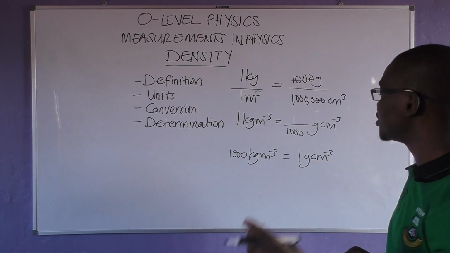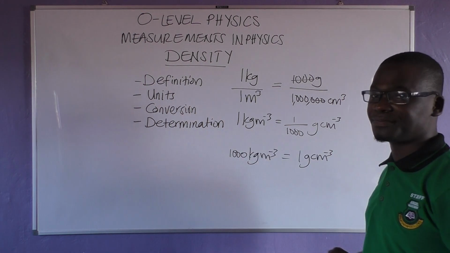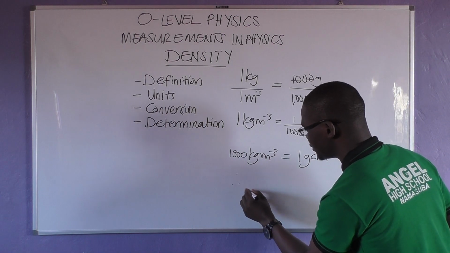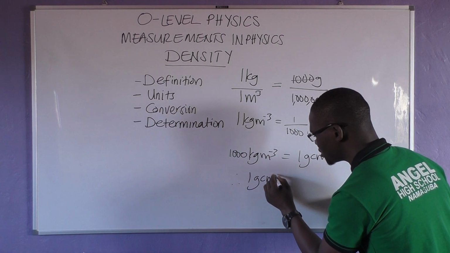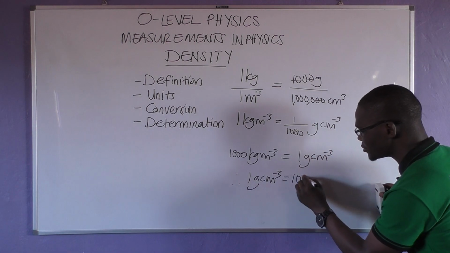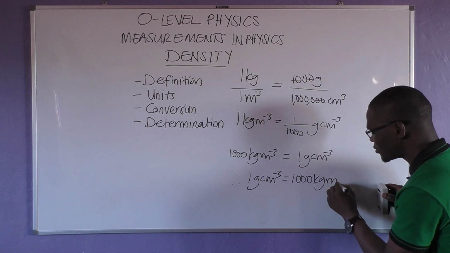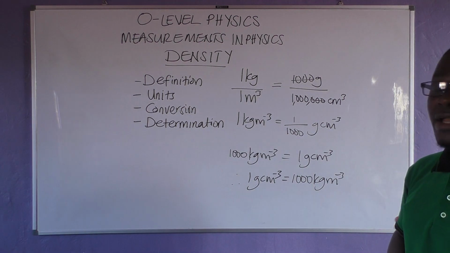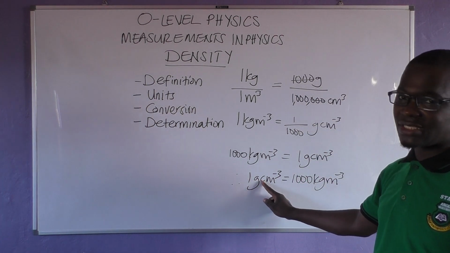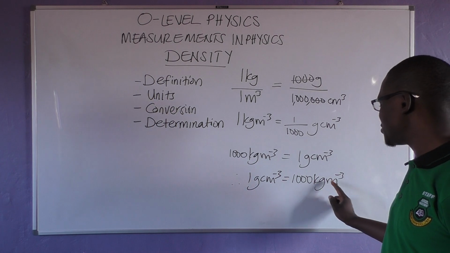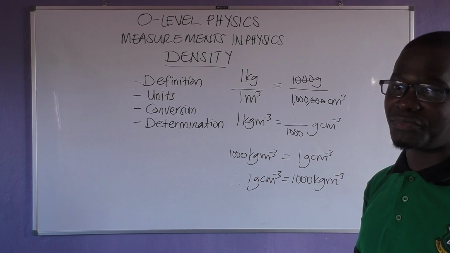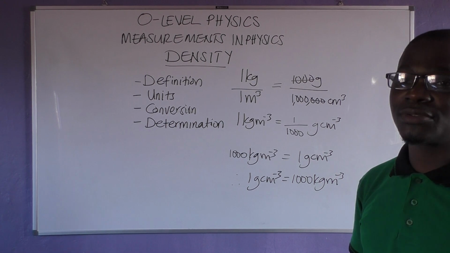And that means that 1 gram per cubic centimeter is equivalent to 1,000 kilograms per cubic meter. Therefore, when converting from grams per cubic centimeter to kilograms per cubic meter, we multiply by 1,000. That is how we convert units of density.